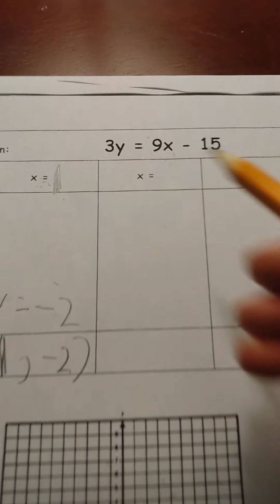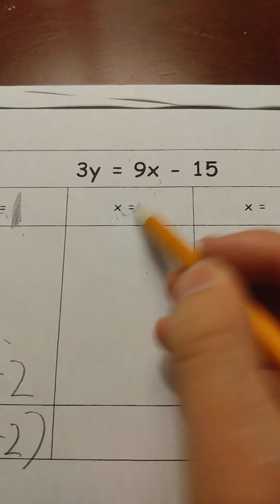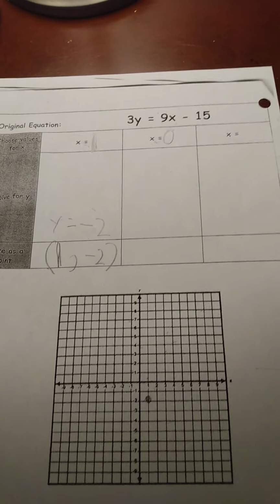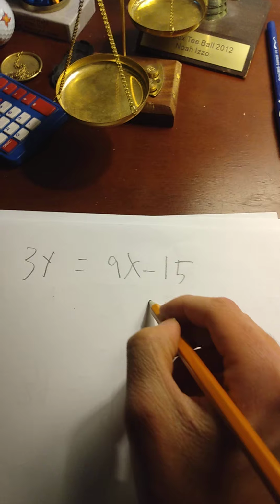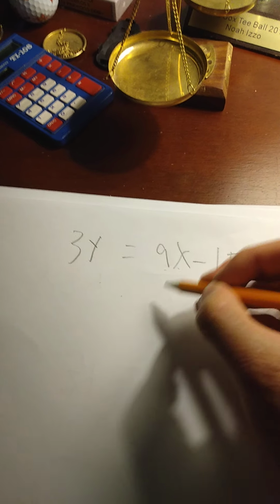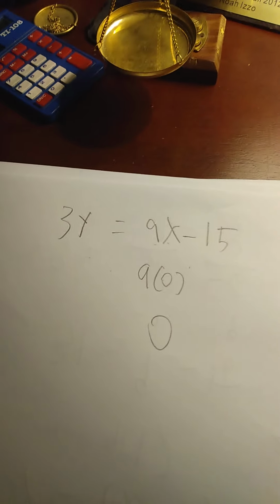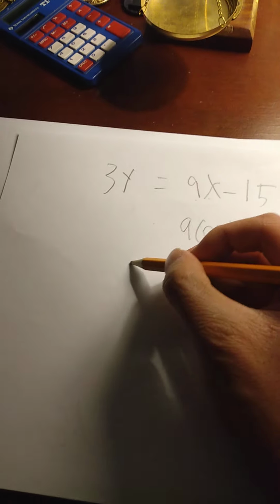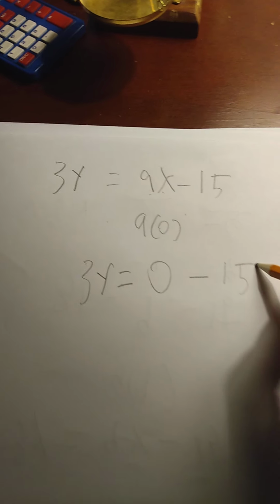So, on the next one, what do you think x should be? Type in the comments below. Let's say x is 0, for example. 0 is an easy number to work with. Okay, so we've written the rule right here. So 9 times 0 is just 0. Anything multiplied by 0 is going to be 0. So now we have 3y equals 0 minus 15.